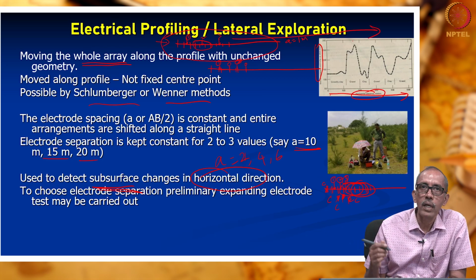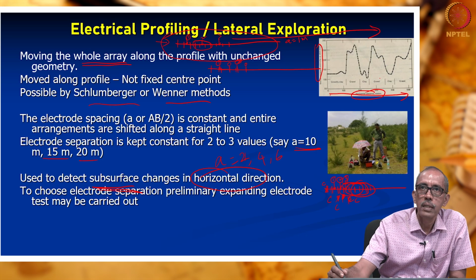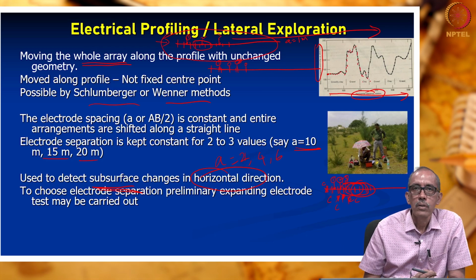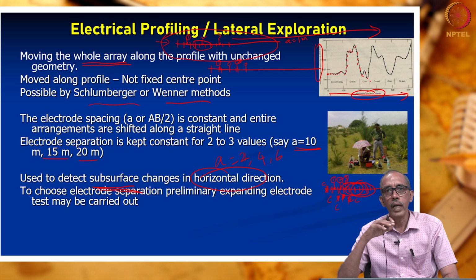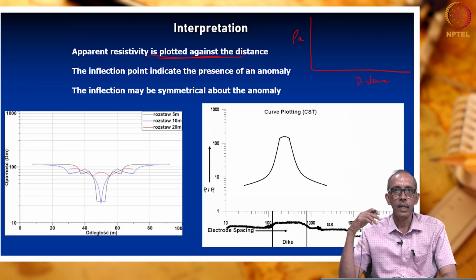So, that is what the distance is. Here too you can see a profile, distance versus rho A value. I just plot the different station resistivity values as you see here in this graph. So, we have a profile showing distance versus apparent resistivity.